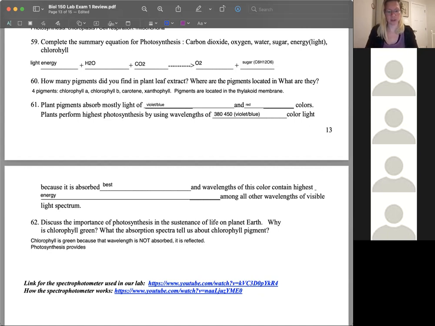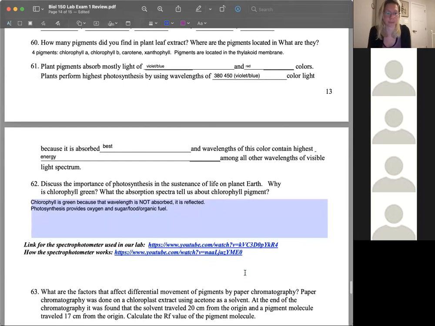Yeah, it provides oxygen and sugar, food, organic fuel, however you want to express it. It sustains us not only by giving us things to eat, but also providing the oxygen that our cells need for cell respiration.